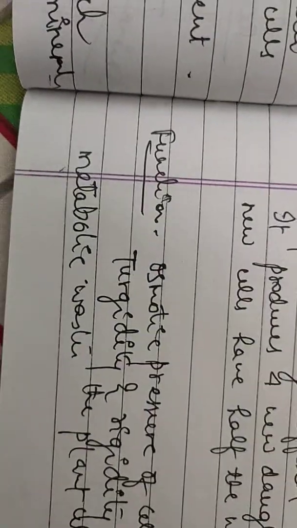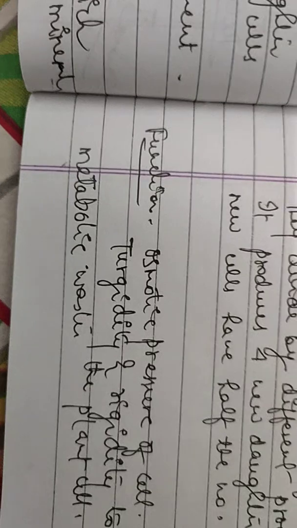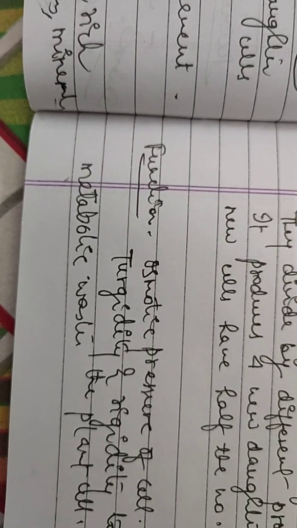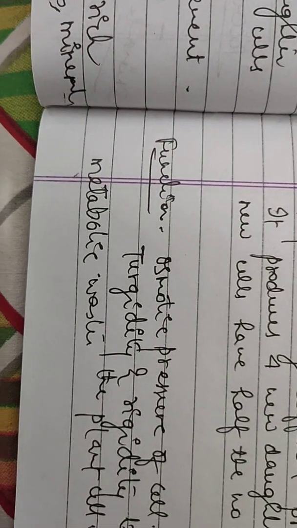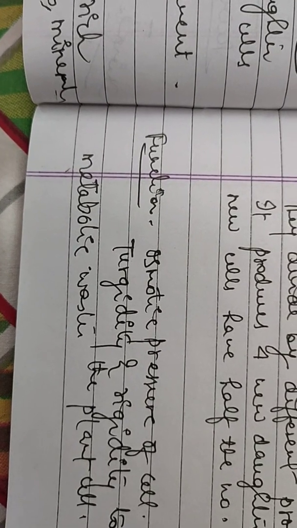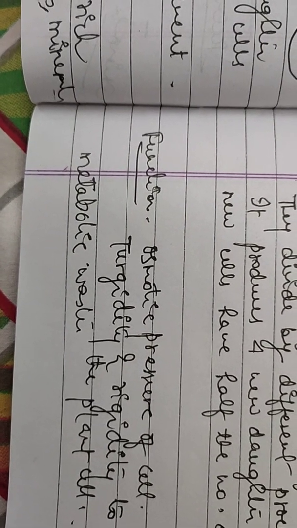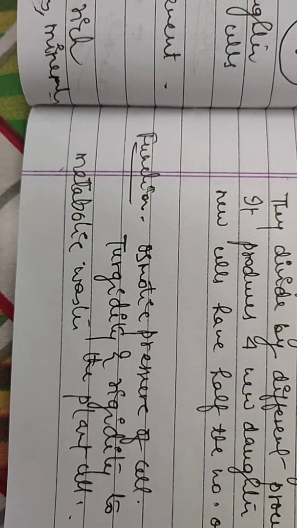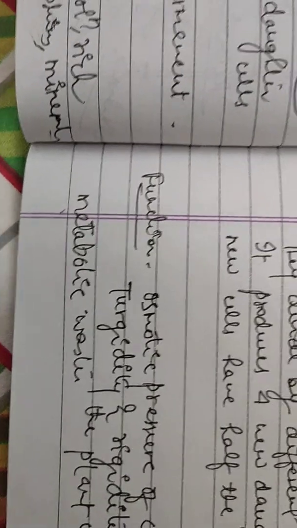As I discussed in an earlier video about turgor pressure and wall pressure, the vacuoles are involved in the turgidity, or you can say erectness and rigidity, of the plant cell.